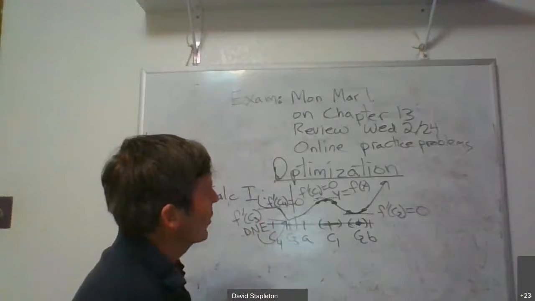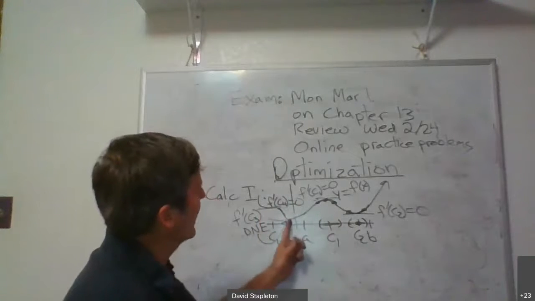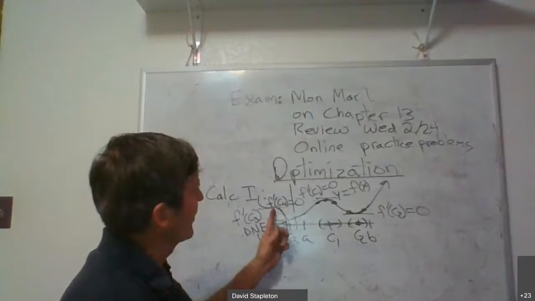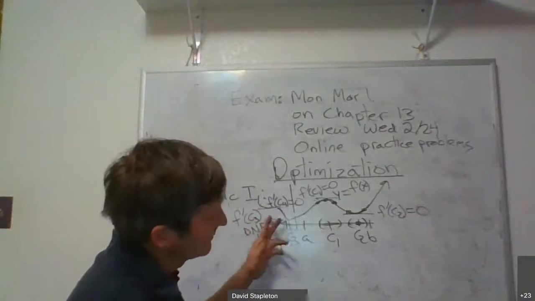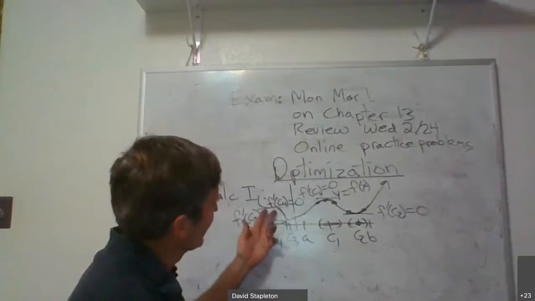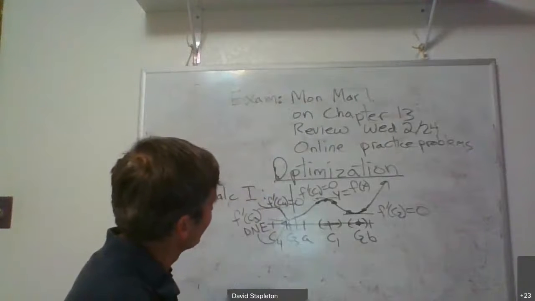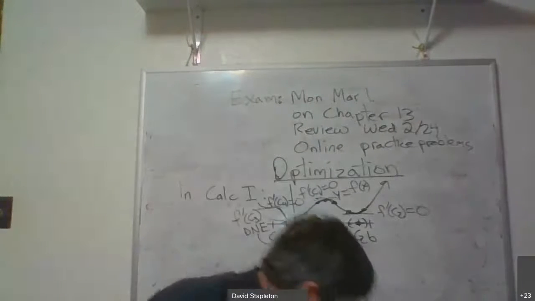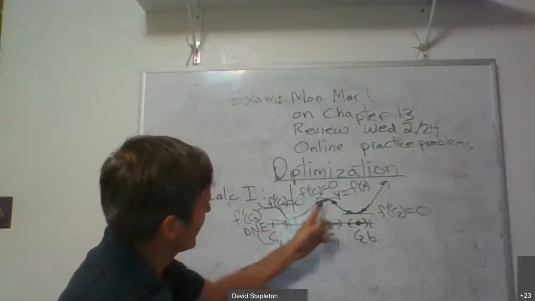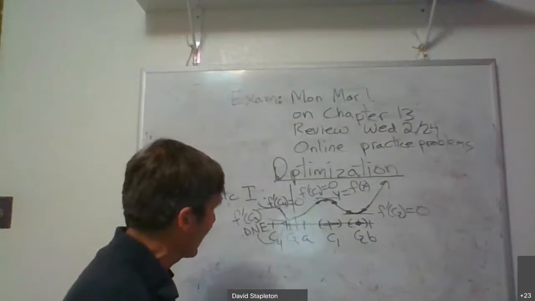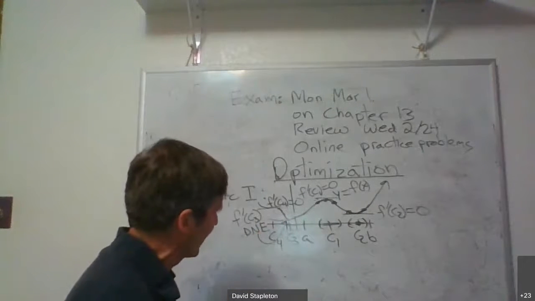So every local max and min occurred at a critical point, but not every critical point corresponded to a max or min. We call this an inflection point. Well, it is an inflection point, but not every inflection point is at a critical point. So we'll just say there are critical points where you have a minimum or maximum, and points where you don't have a relative min or max.